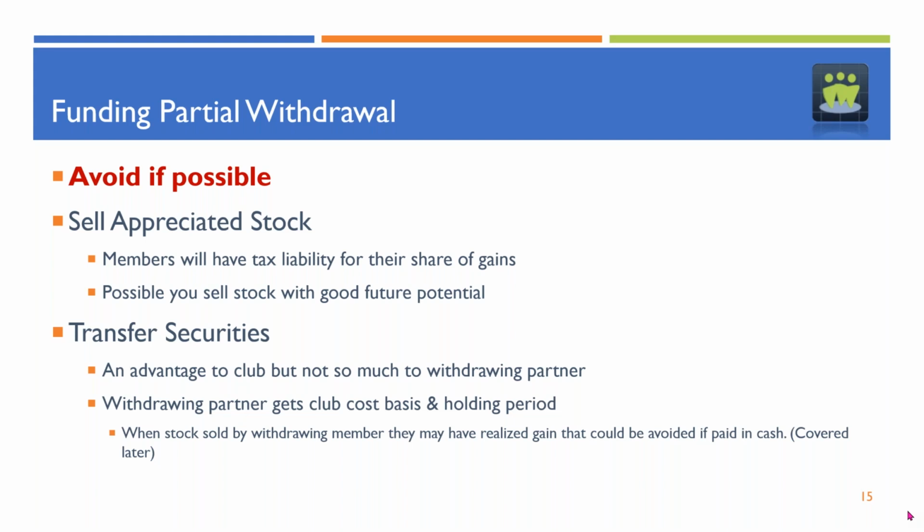But the withdrawing member receives them for their personal portfolio at the club's cost and holding period. Now, that means if they sell those shares quickly, they may end up realizing a gain from their withdrawal that they would not have realized if they had been paid in cash. And we'll go over how that works a little later.